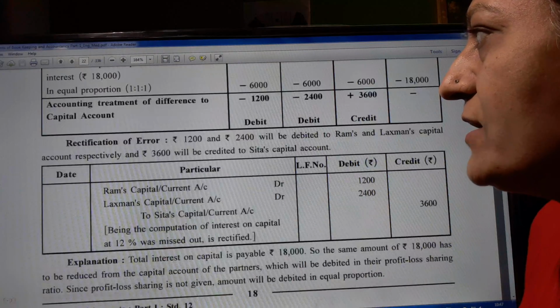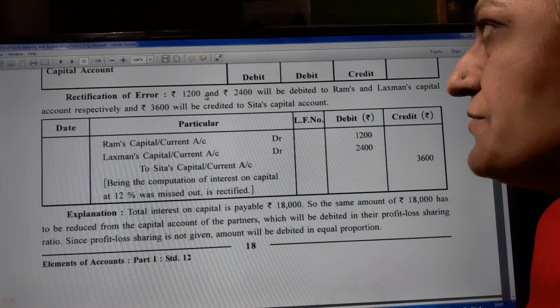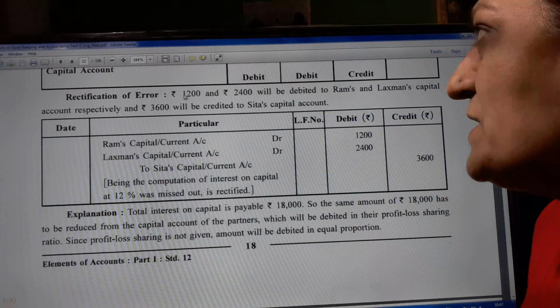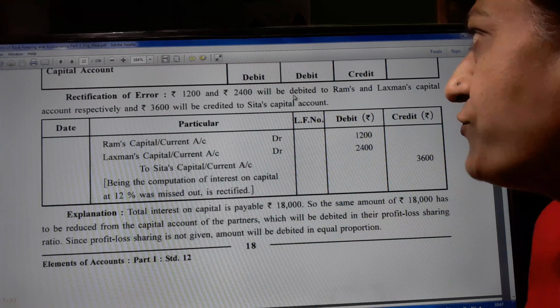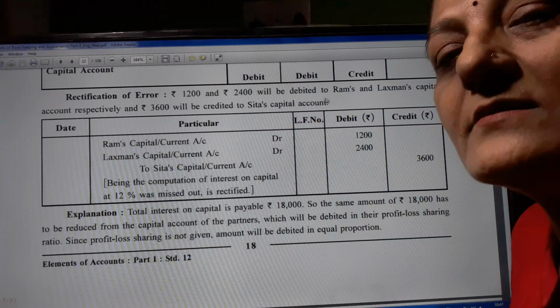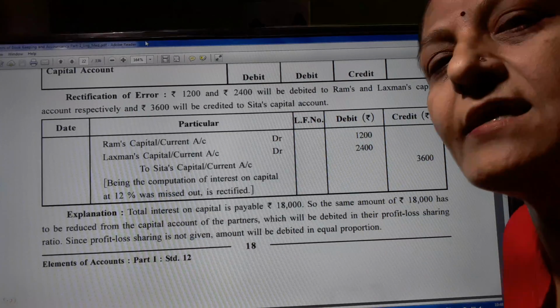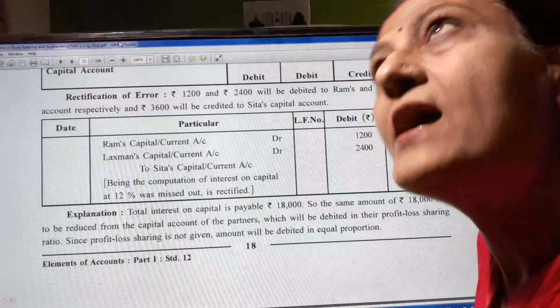So let us write the rectification entry. Now for rectification of the error, rupees 1,200 and rupees 2,400 will be debited to Ram's and Lakshman's capital because there is a negative amount. When there is a negative amount, then we have to write a debit.